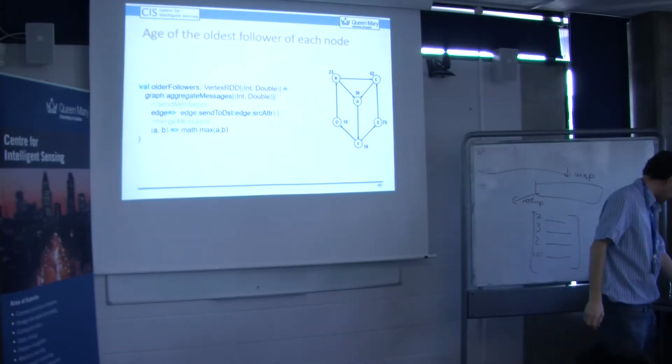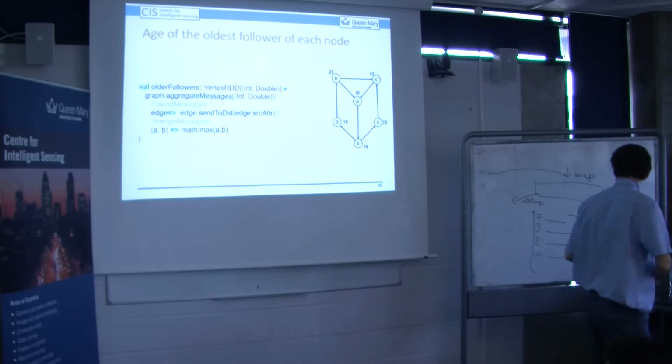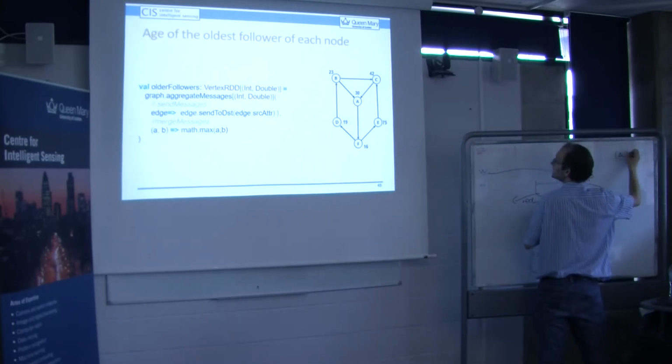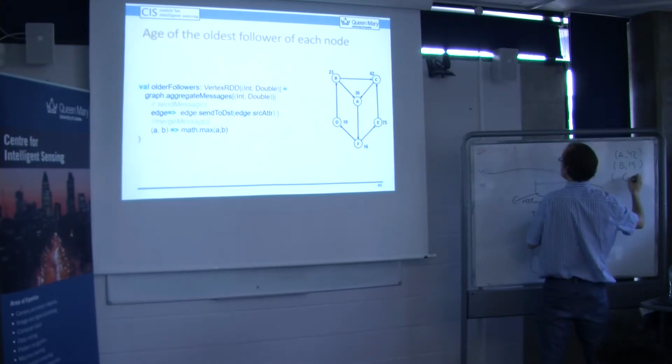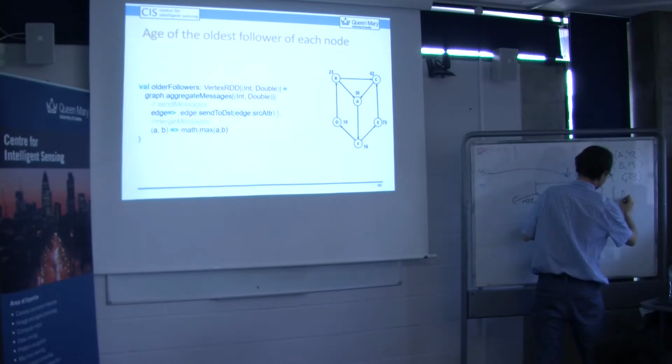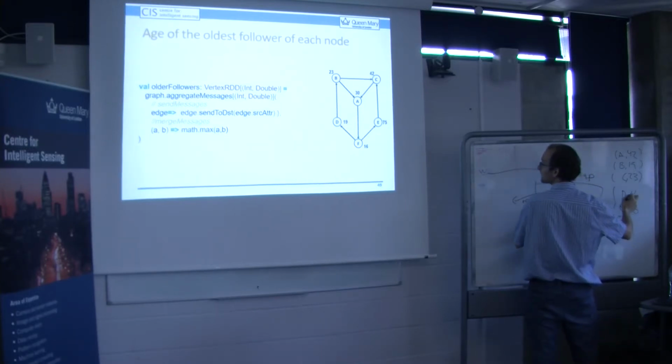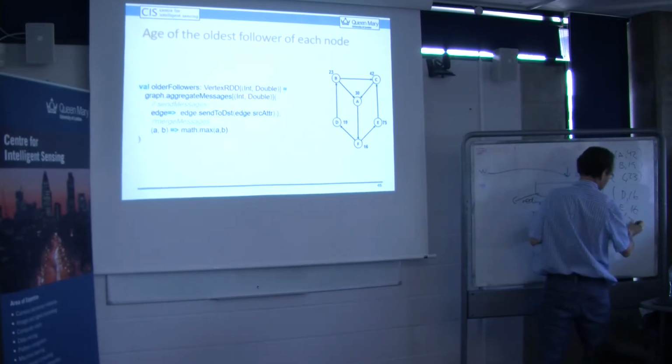Those will be executed in parallel, and in this case we are going to have, for A the value is 42, for B the value is 19, for C the value is 23, for D, E, F, for D we have 16, for E we also have 16, and for F we have 30.